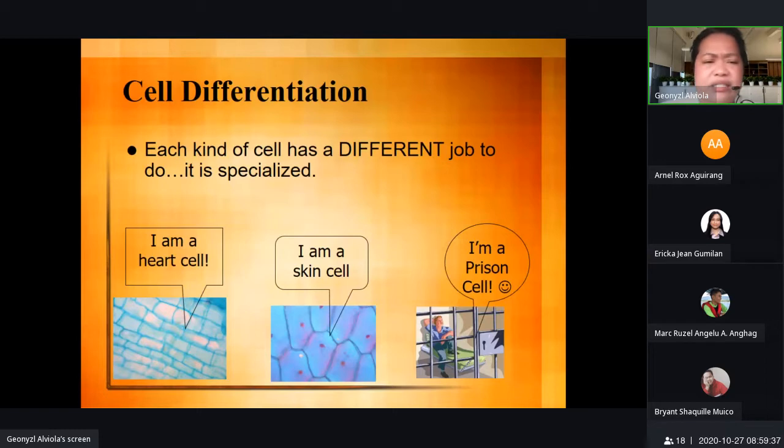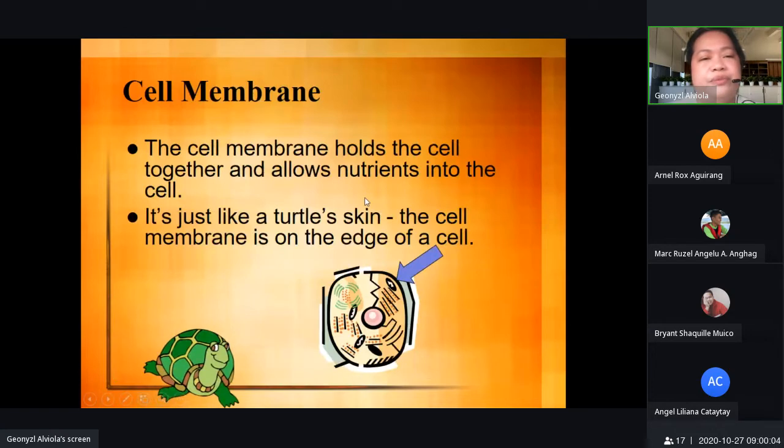So all cells perform certain functions in a multicellular organism. But in a unicellular organism, like what we have in protists, the organelles have specific functions in order to communicate with other organelles so that the unicellular organism can survive.